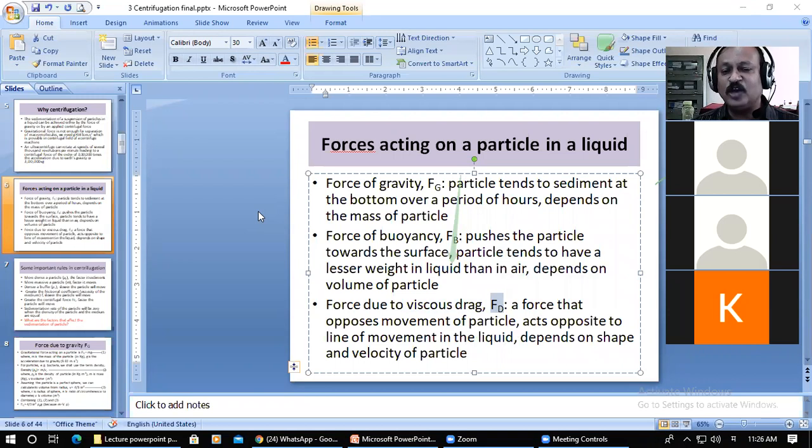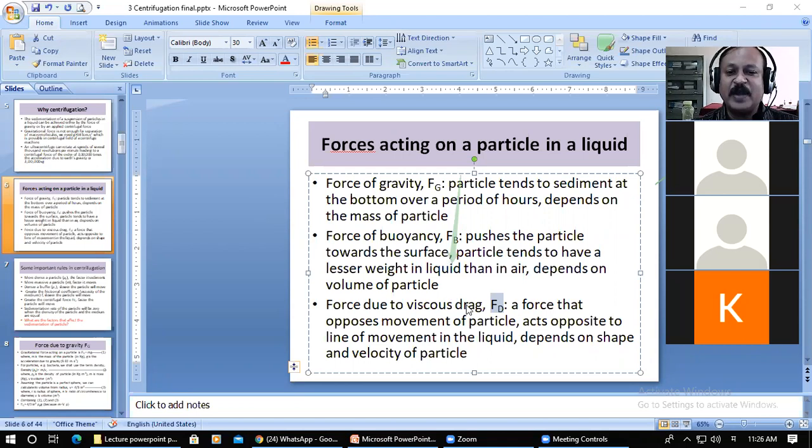Just as if you are driving a motorcycle and your speed increases, you will feel a lot of air pushing you back. That is the force trying to oppose your movement, isn't it? Or you can also call it resistance. You can experience resistance when you are moving on a vehicle.